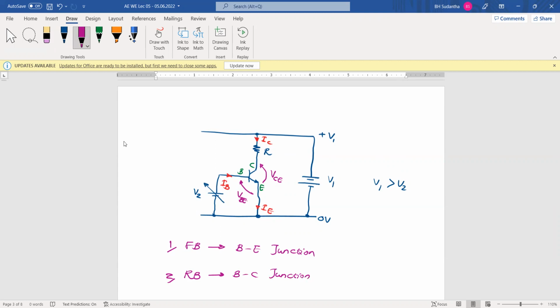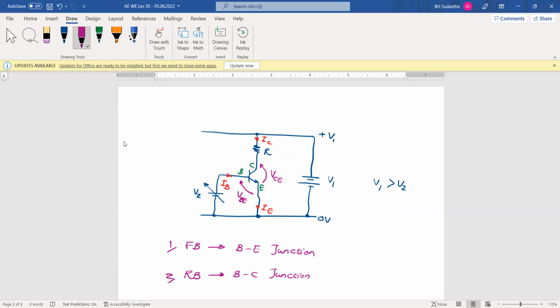But when you forward bias the base to emitter junction and reverse bias the base to collector junction, amazingly you can see suddenly the external path current is going towards the emitter terminal through the transistor. You can consider we have turned on this device. Having this setup, there is an external current going through the transistor and we can complete the path. Then we can consider we have switched on the transistor.